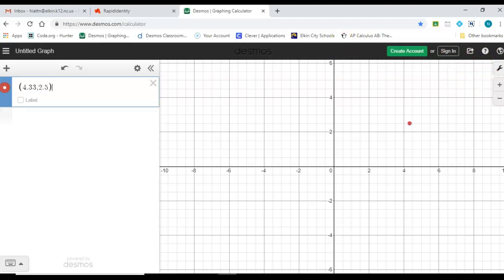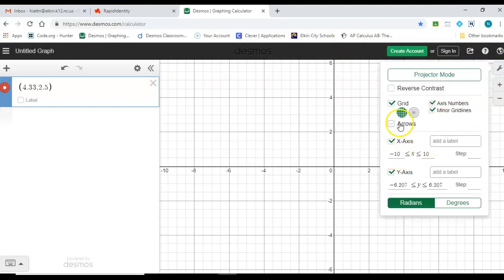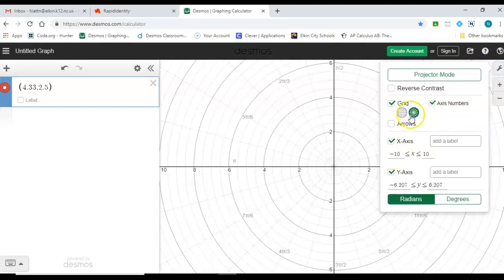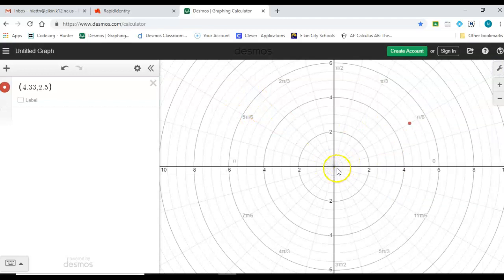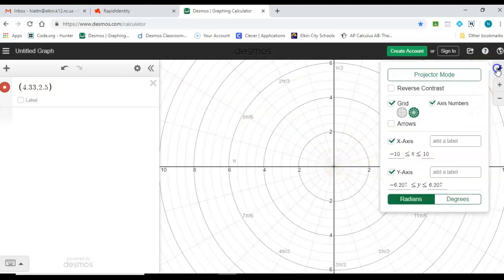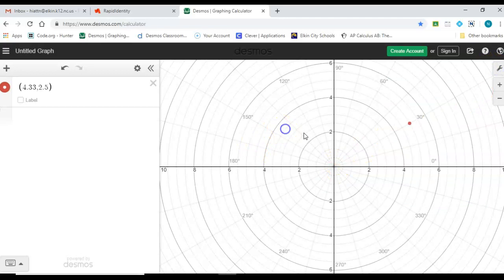point. And I can go over here to the wrench, and if you click right here, it'll change the background to your polar background. We're in radians right now, I can change it to degrees, and you can see that it's at 30 degrees, and this would be 5 right here.